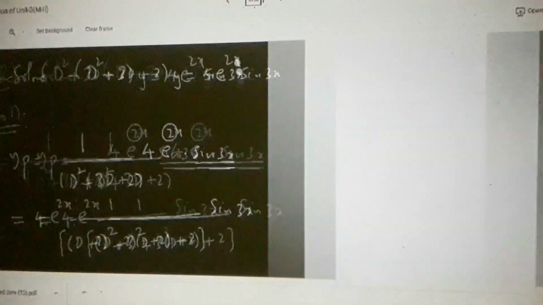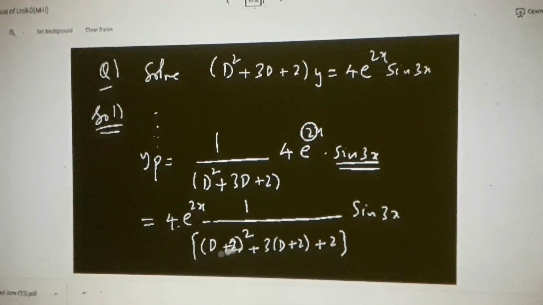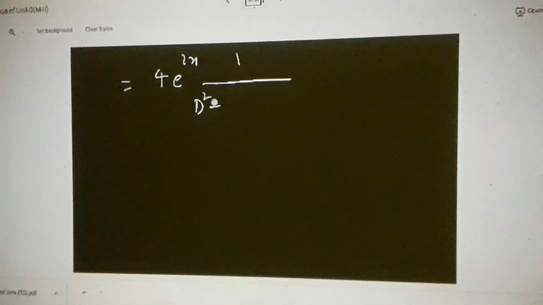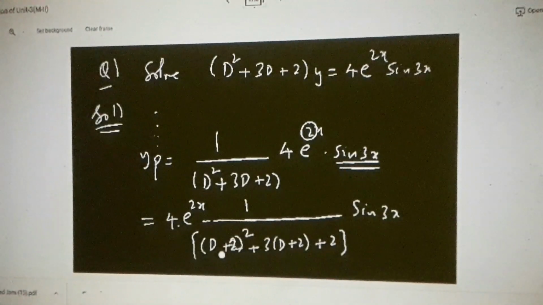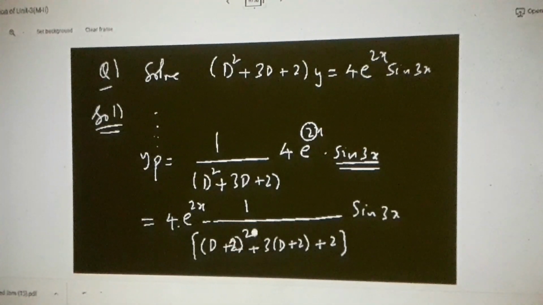Now what happens? That is equal to 4 into e to the power of 2x into 1 by (d square plus, okay, this is d square plus this 4d and this 3d becomes 7d, and this 4 plus 6 is 10, plus 2 is 12).